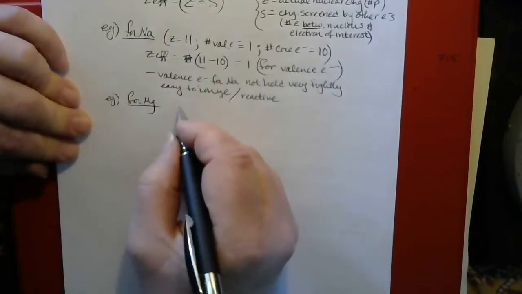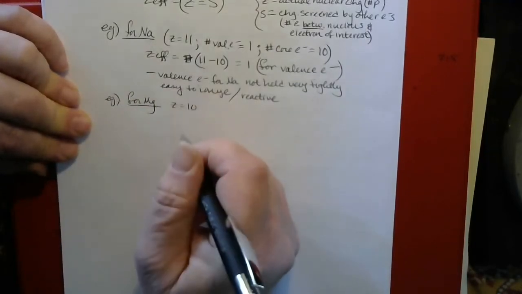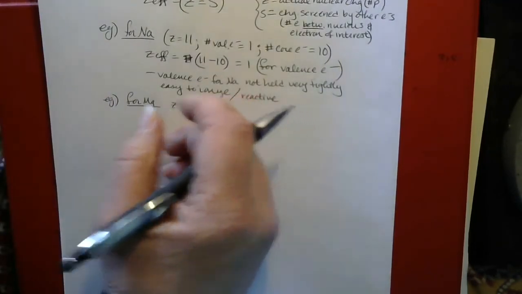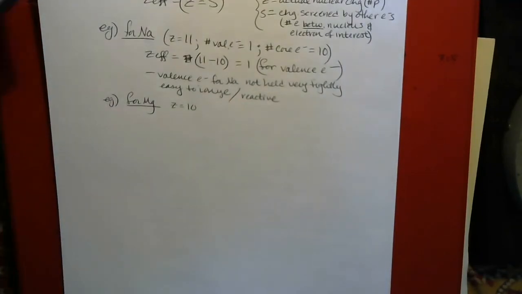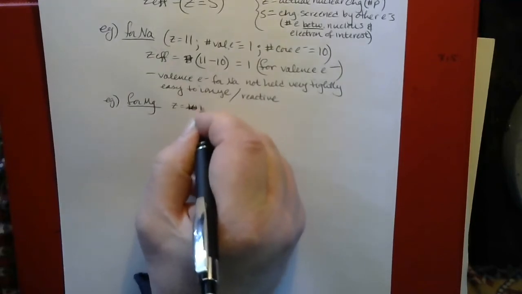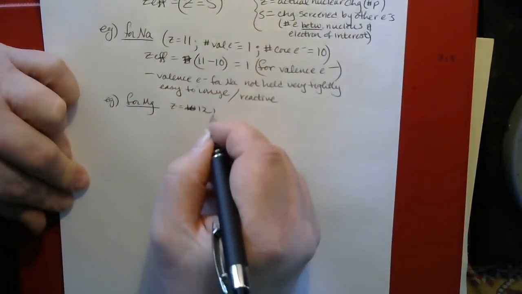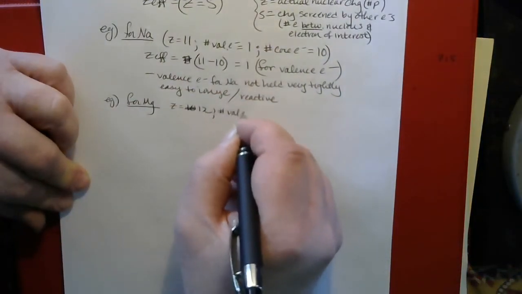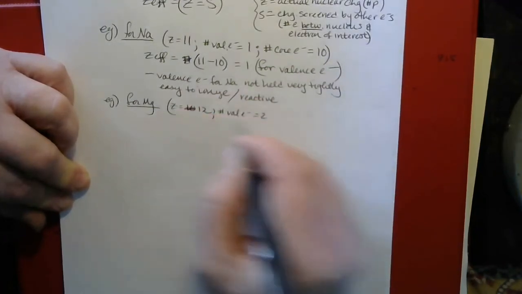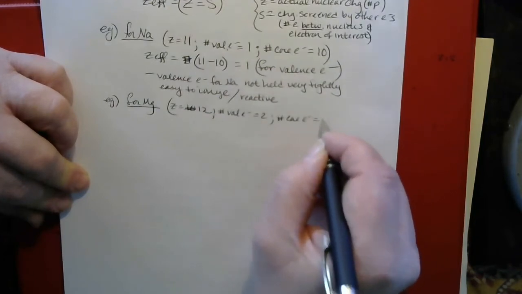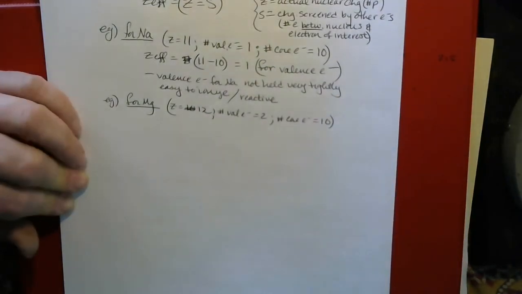For something like magnesium, the atomic number is 10. Wait a minute. Gotta check this. 12. Yeah, I didn't think that was right. The atomic number is 12. The number of valence electrons is 2. And the number of core electrons is 10.